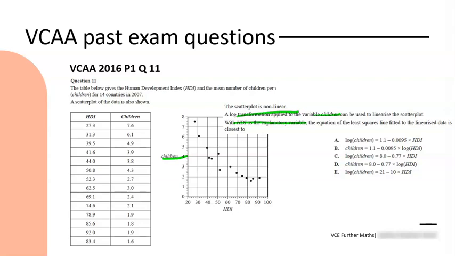So with a log transformation being applied to children, that means our answer is going to be written as log children equals A plus B X, or really B times HDI. So from our options there, we can then eliminate option B and option D as not appropriate. The second thing we can look at is the direction.